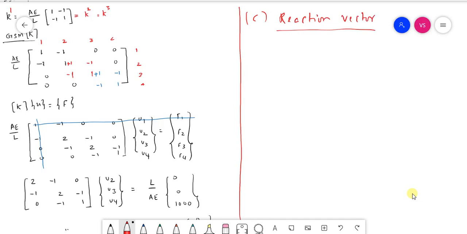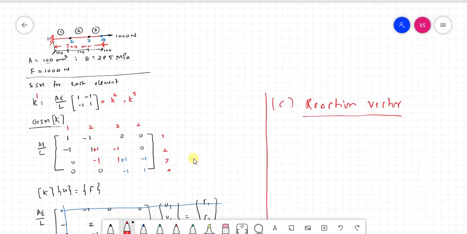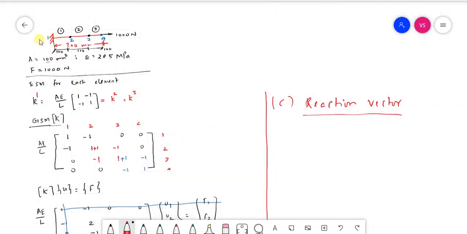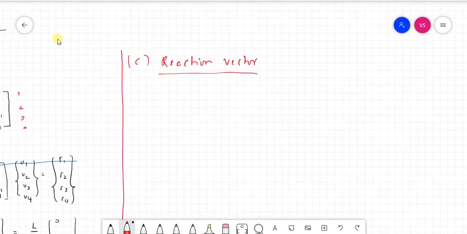We said that if in a body or in a structure, if some nodes are fixed from movement, then at those nodes you will expect reactions. So in this problem, we have node 1 fixed. So that means this is a support. So reactions will always happen at the supports. So we expect some reaction here at node 1, and since node 2, node 3, node 4 are free to move, there will not be any reactions at these nodes. Only node 1, which is being stopped from moving, can produce a reaction.